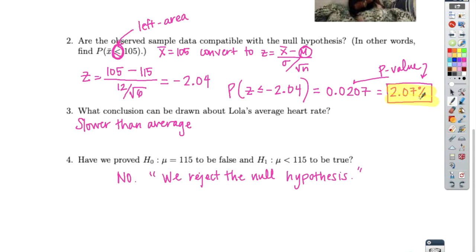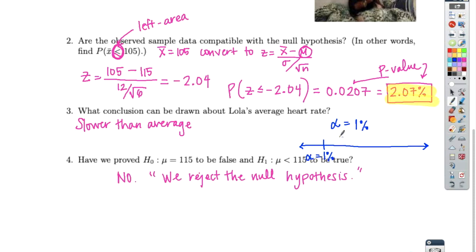Okay, so in this problem, if someone said alpha equals 1%, which is going to be a fairly common level of significance, that's basically saying this. Here's a number line. Here's 1%. Here's our alpha.